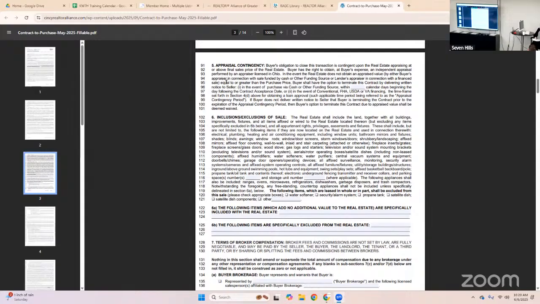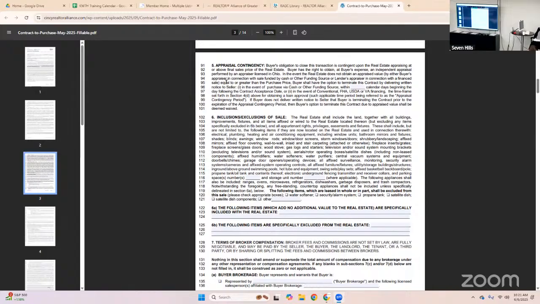The buyer's obligation to close the transaction is contingent upon the real estate appraisal and/or a final sales price of the real estate. Buyer has the right to obtain, at buyer's expense, an appraisal performed by an appraiser licensed in Ohio.